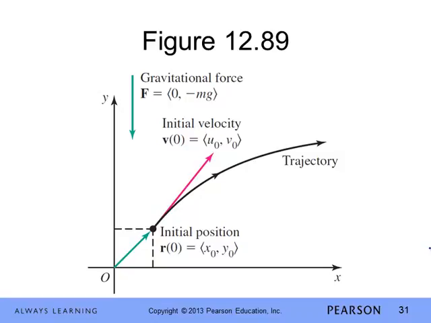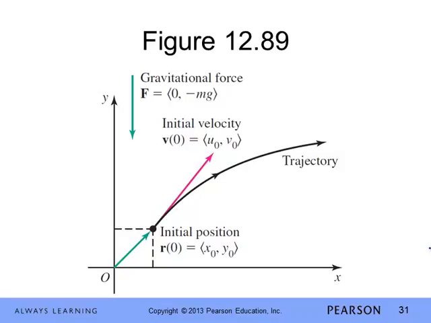But what we need is for the initial velocity to be equal to u sub 0 comma v sub 0. So there we go.